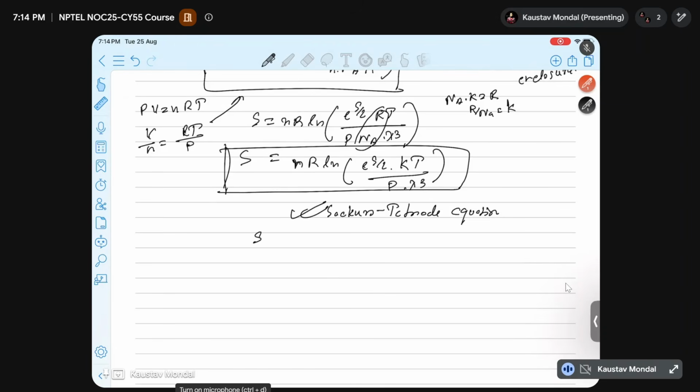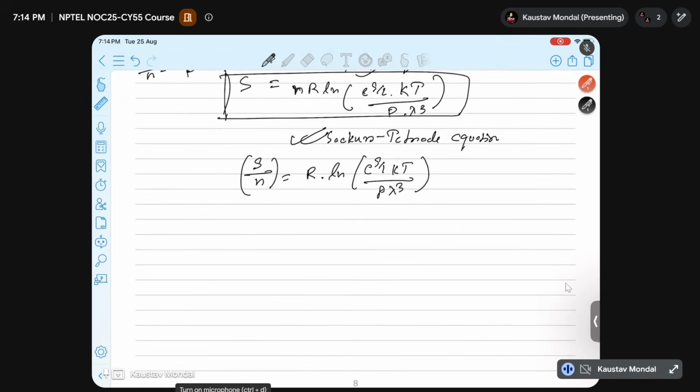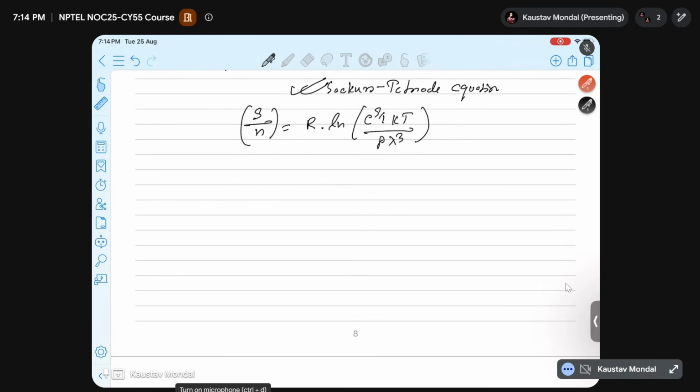Molar entropy is nothing but entropy divided by moles. So it will be R ln of e to the power 5/2 kT by P λ cubed, or in terms of V, whatever. By using just the pressure and temperature of the gas, you can calculate the molar entropy of the system. Now we'll do some problems on it.